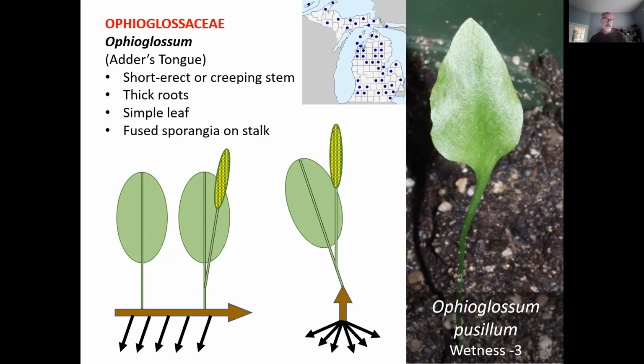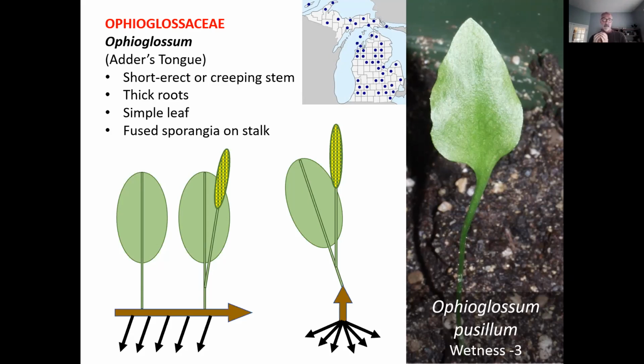The most common Ophioglossum in the state is Ophioglossum pusillum. Not easily found. Took me forever to find one, but it occurs in a number of counties in the state, at least from my experience, just not in very great abundance. You have to really be wanting to find one. The wetness index is a -3, so clearly it is highly dependent on moisture.